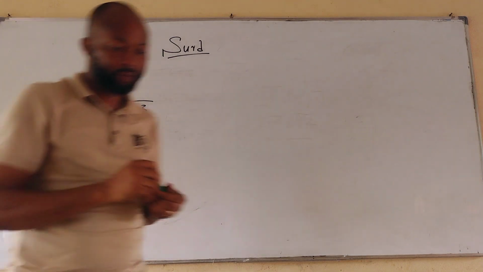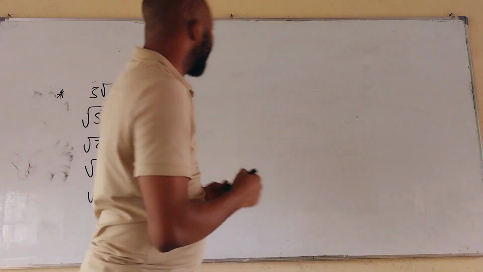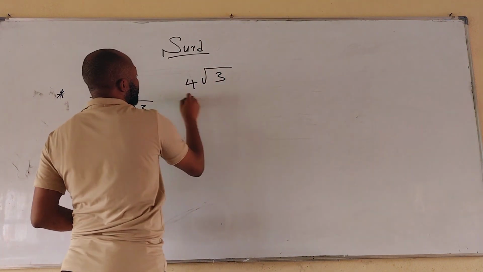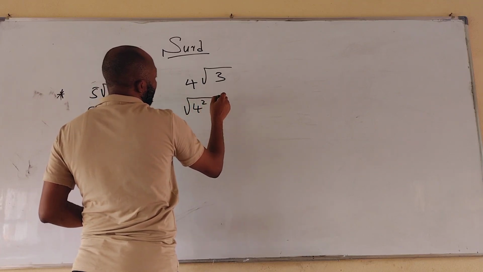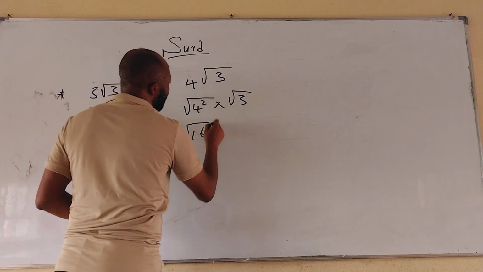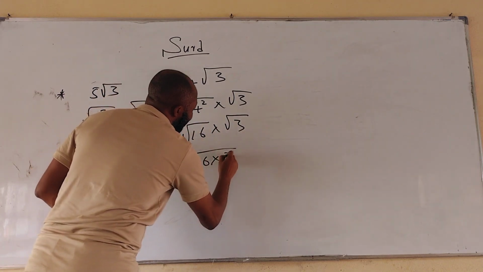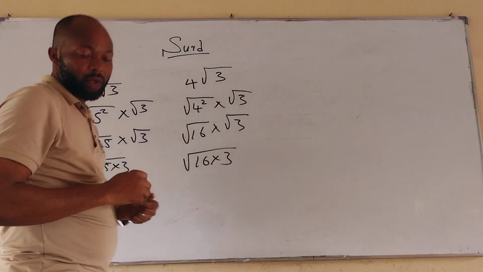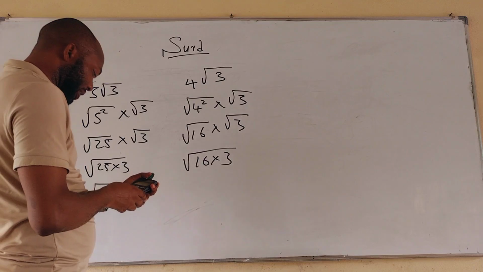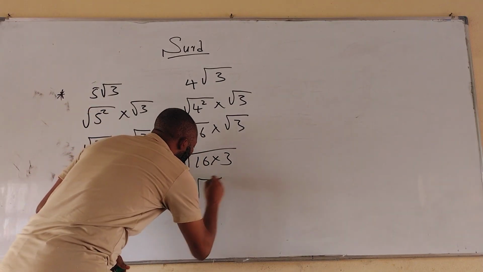Another one. 4 root 3. This is the same thing as the root of 4 squared times root 3. The root of 16 times root 3. The root of 16 times 3. Don't forget that. Okay, now 16 times 3 is 48. So this becomes the root of 48.